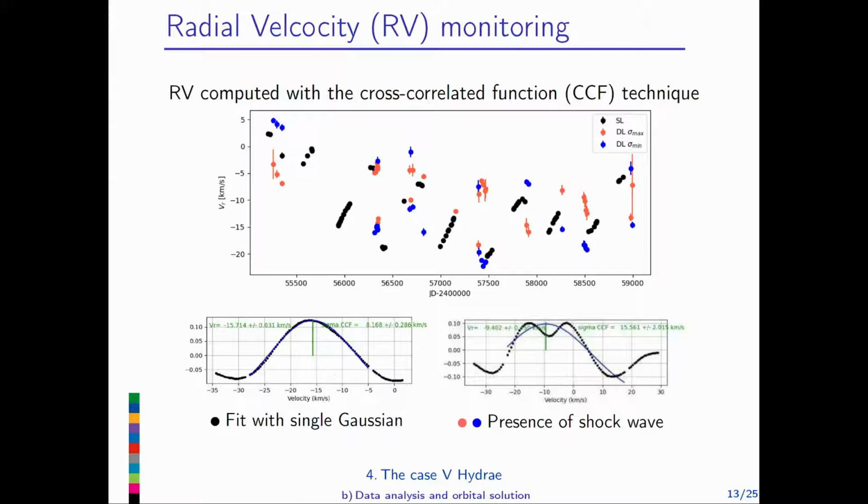In fact, this double peak CCF is the result of the propagation of a shock wave through the atmosphere of the AGB. At the light maximum, the star is at the maximum of compression, which gives birth to a shock wave that propagates through the atmosphere.